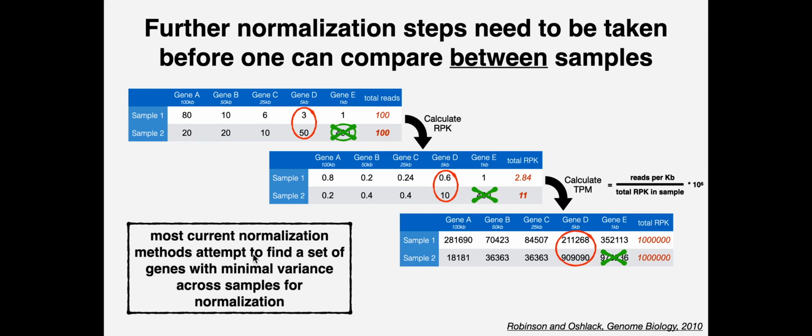Most current normalization methods attempt to find a set of genes with minimal variance across the samples that you're going to use, which is what I basically did here manually, and they use those genes for normalization. One of those methods, the trimmed mean of M values, is described here, and the TMM method is the one that we'll use for normalizing our data in R.